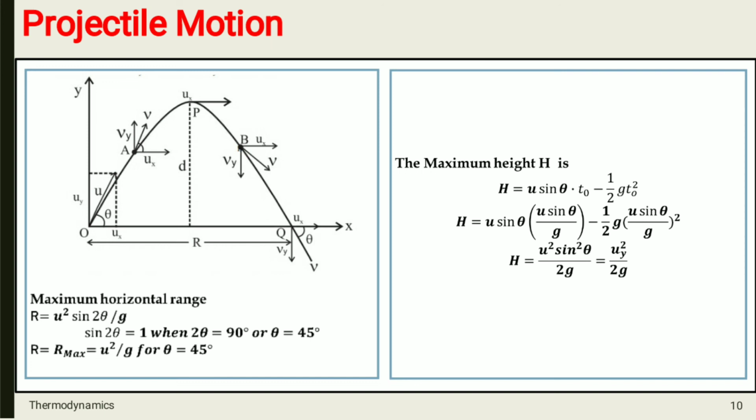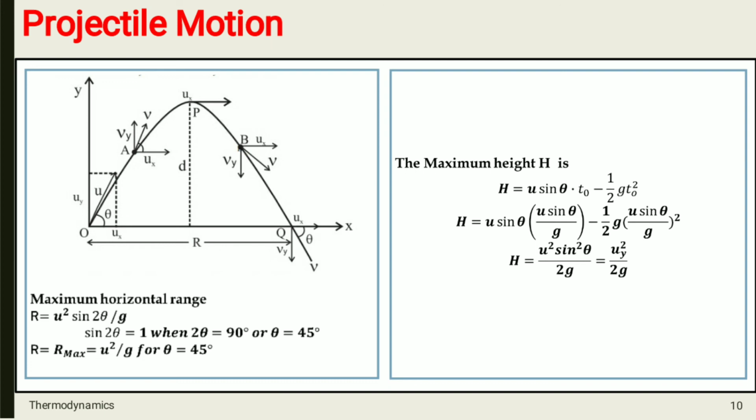So H is equal to u square sin square theta divided by 2g, which is equal to uy square divided by 2g. u square sin square theta is the component of velocity along the y-axis squared, divided by 2g. This is the maximum height of the projectile.